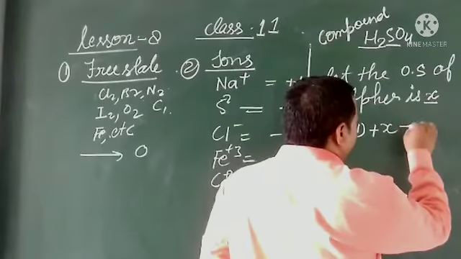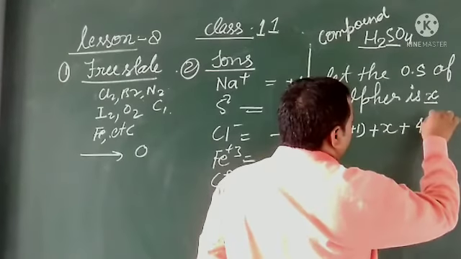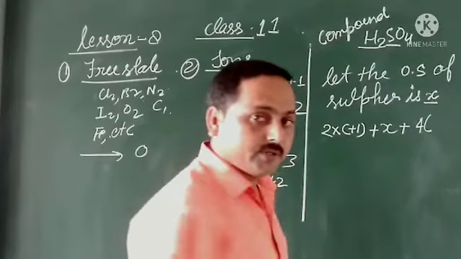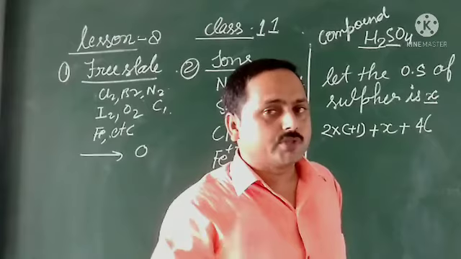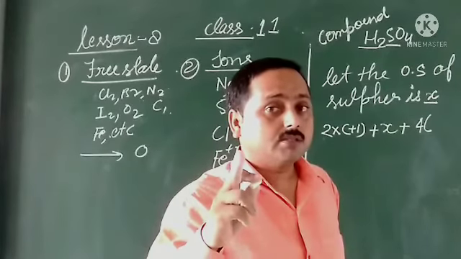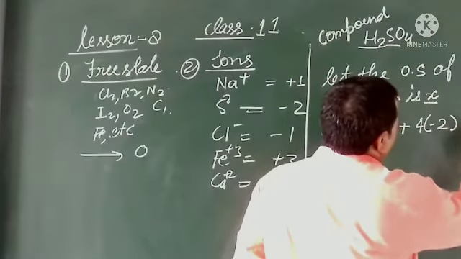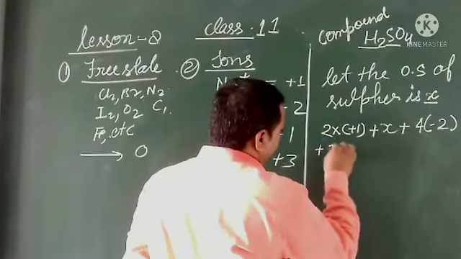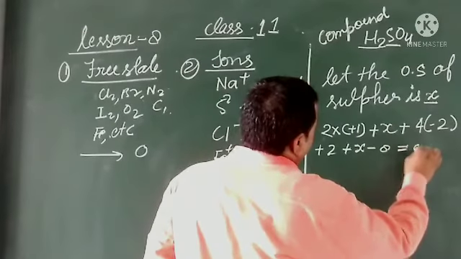Then oxygen is there, the number of atoms of oxygen is 4, and mostly the oxidation state of oxygen is, you can go back, what is the oxidation state of oxygen? Mostly it is minus 2. Okay, so here I wrote minus 2, equal to 0. So let me write 2 times plus 1, plus X, plus 4 times minus 2, equals 0.